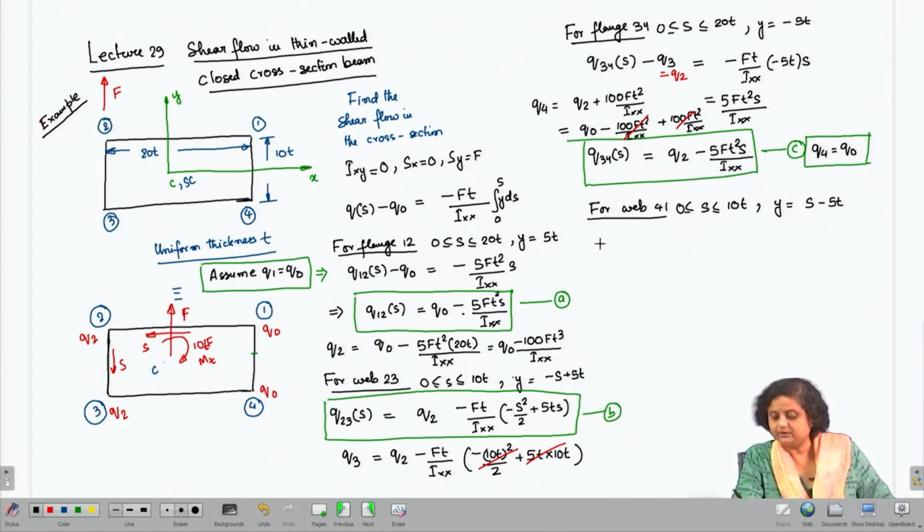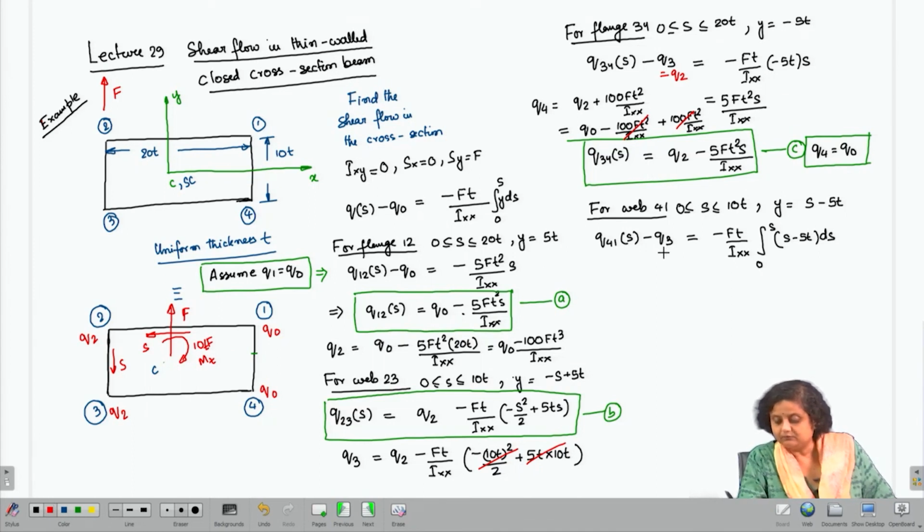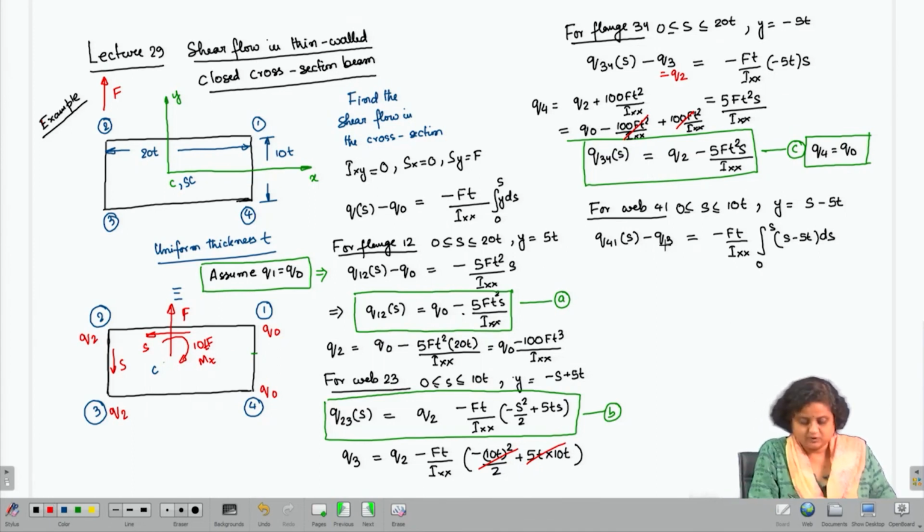So, if we substitute that, then Q41S minus Q3 is minus, now in turn Q4, sorry, this is Q4.